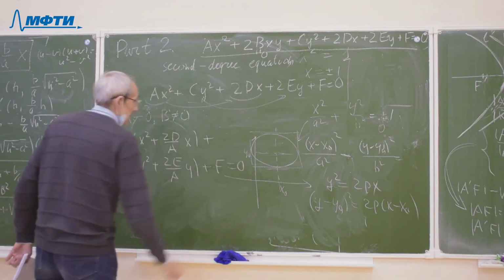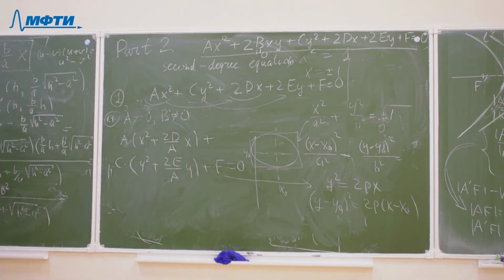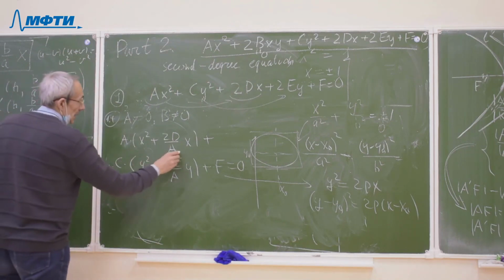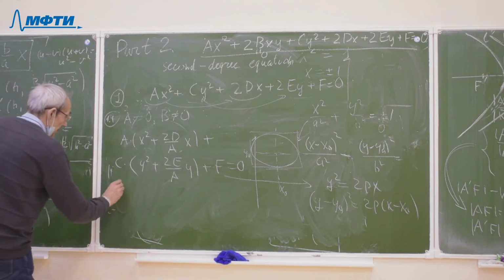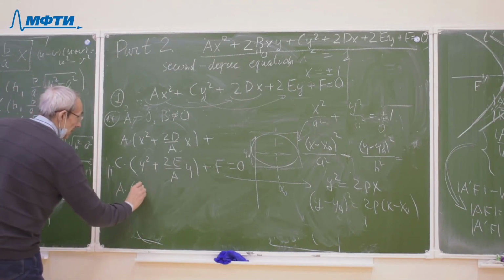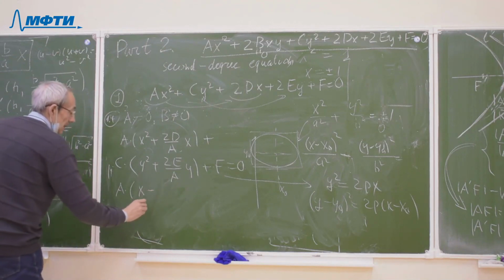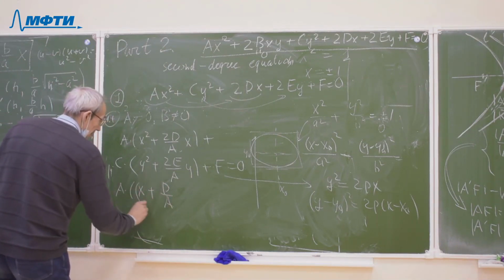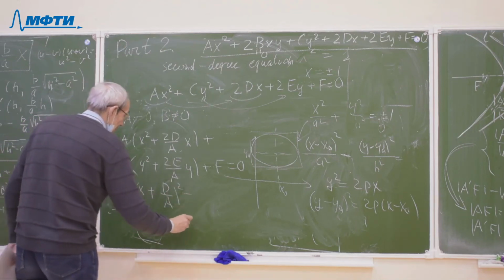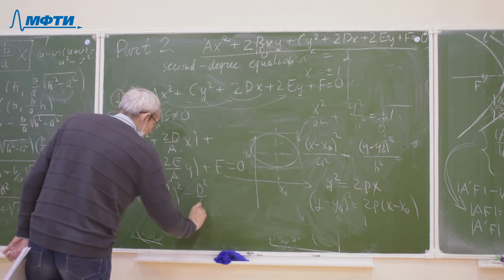y squared plus f is equal to 0. We can rewrite this expression as a square of a sum, namely x plus the ratio d over a, squared, minus d squared over a squared.